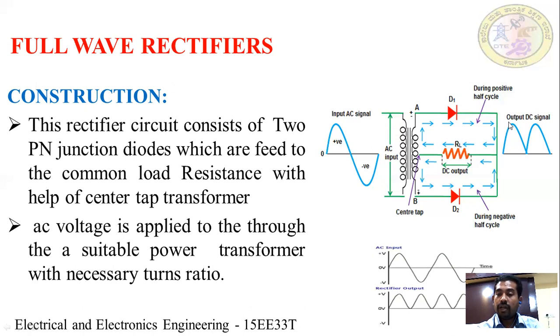Hence we are getting a constant full wave output in the full wave rectifier. This is the input waveform, and this is the output waveform, which gives an output due to the conduction of both the diodes during two different half cycles.